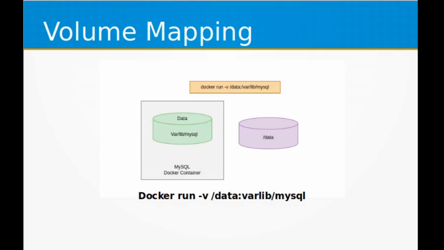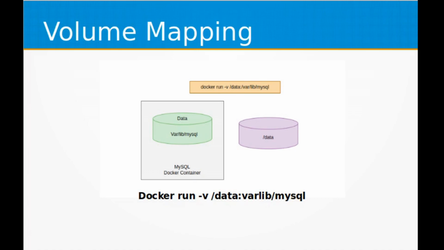This way, when the Docker container runs, it will implicitly mount the external directory to the folder inside the Docker container. All your data would be stored in the external volume at /data, and this will remain even if you delete your container or it crashes.